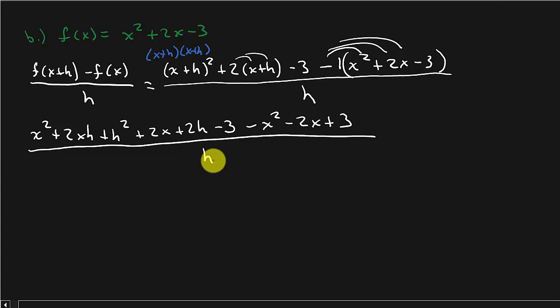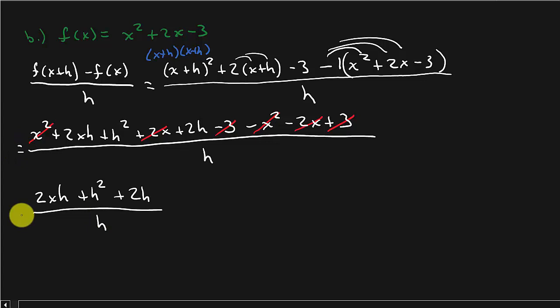All right. So now let's see how this thing simplifies. The x squared minus x squared is 0. I've got 2x minus 2x is 0. And I've got negative 3 plus 3 is 0. And so I'm left with 2xh plus h squared plus 2h, and that's all over h.